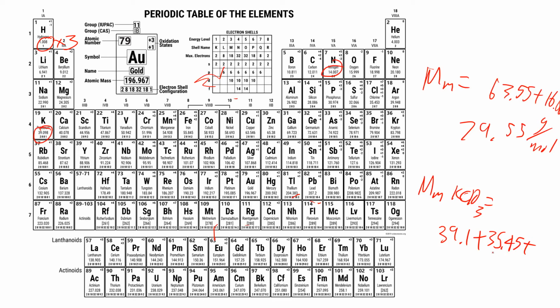And the 3 oxygens, 1 oxygen is 16, so we have 3 of them, 16 times 3. So it's 39.1 plus 35.45 plus 16 times 3. When we do that calculation, we get 122.55.